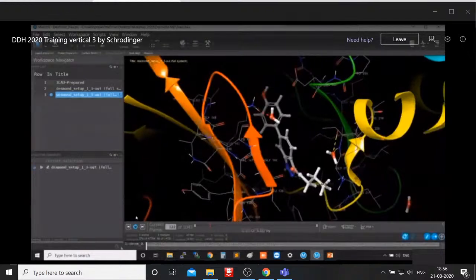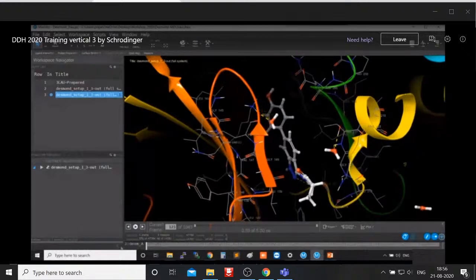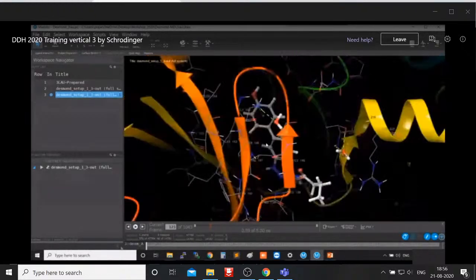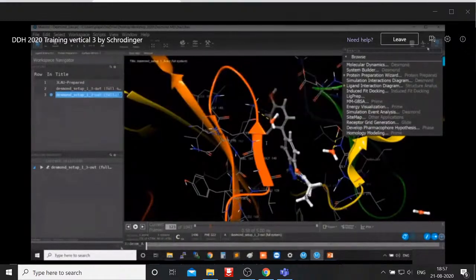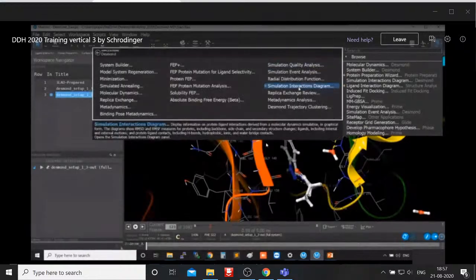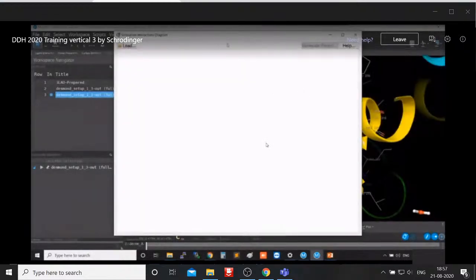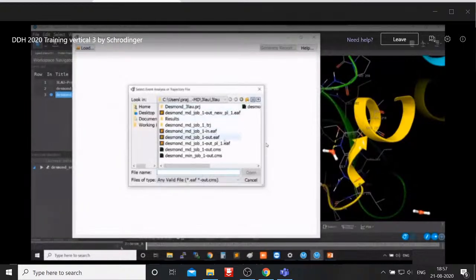But again, as I said, visual analysis is great, but you need to have everything in pictorial format. For that, we have the simulation interaction diagram option, which is also present in the task browser, under Desmond. If you simply open that panel, it asks you to load the file.